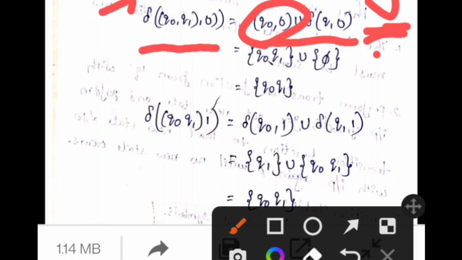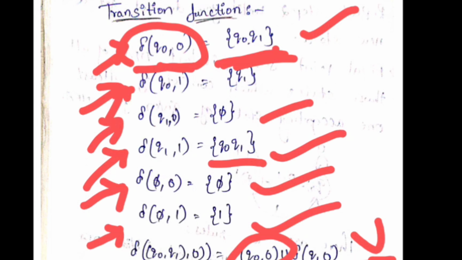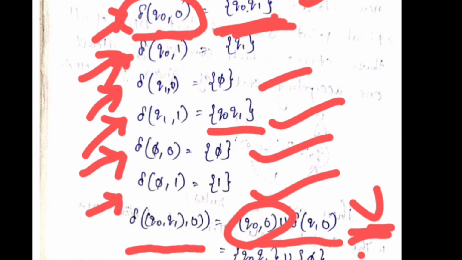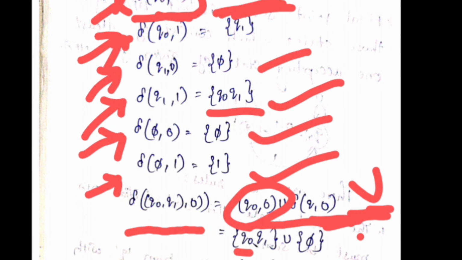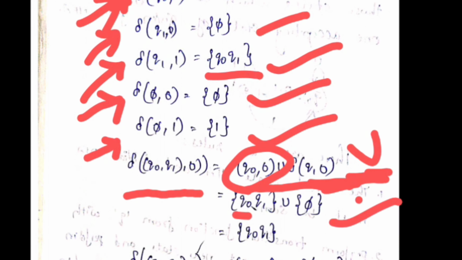The transition function here is Q0 and Q1, so we write Q0 and Q1. Next, Q1 comma 0. What do we have here? Phi. So we write phi. What is the combination we will get here? Phi means nothing. So Q0 Q1.